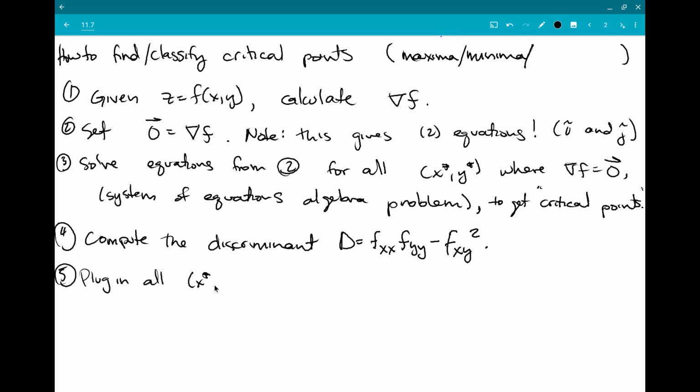And then you're going to plug in all your x star, y star to your discriminant D to classify.